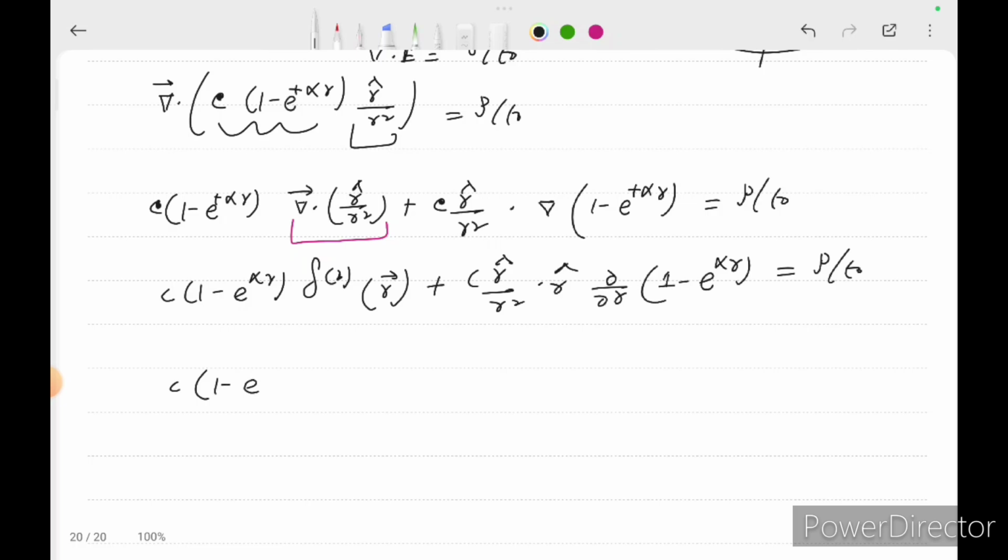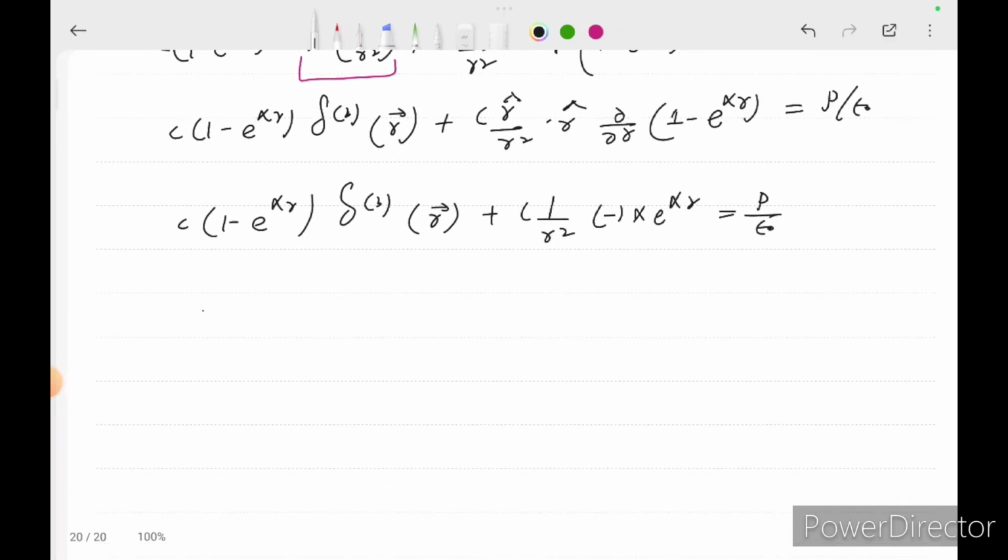So C (1 minus e to the power alpha r) delta cube r vector plus C 1 upon r square times minus alpha e to the power alpha r, equals rho upon epsilon naught.